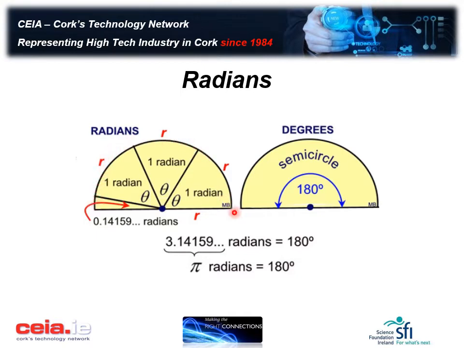In other words, the arc of a semicircle is equal to 3 and a bit times the radius of that semicircle. And the bit is 0.14159 and so on. It goes on forever. So pi is defined by the number of times the radius can be divided into the arc of a semicircle.